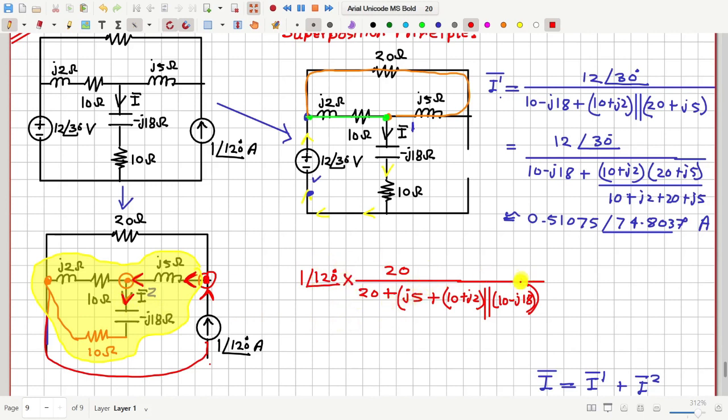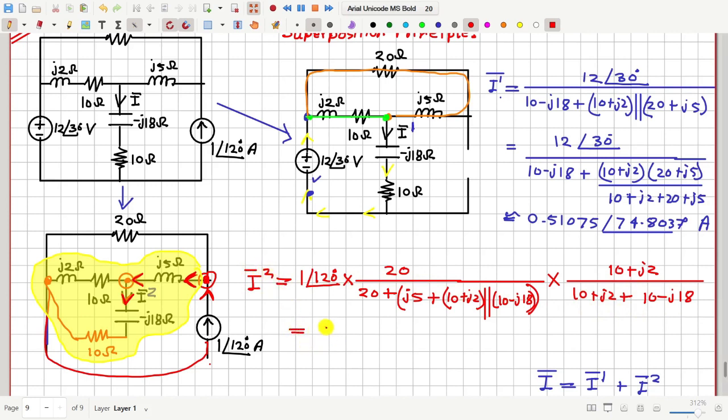That will be this total quantity multiplied by the ratio of this 10 plus J2 divided by 10 plus J2 plus this lower path 10 minus J18. So this is the current I superscript 2.